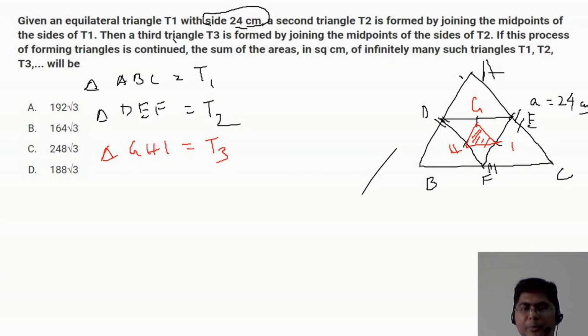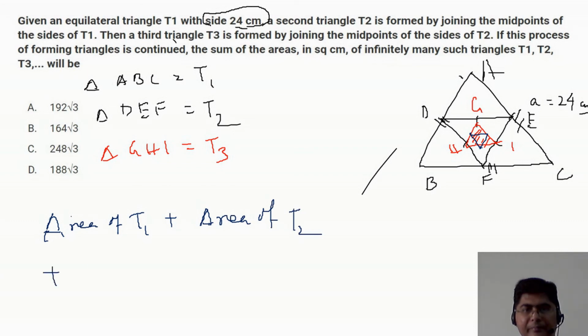Now what is the next? If you just put another triangle, let's say this can be another triangle. So on, this process is continuing, right? So we have to find out the total area, meaning area of T1 plus area of T2 plus area of T3 plus infinitely.